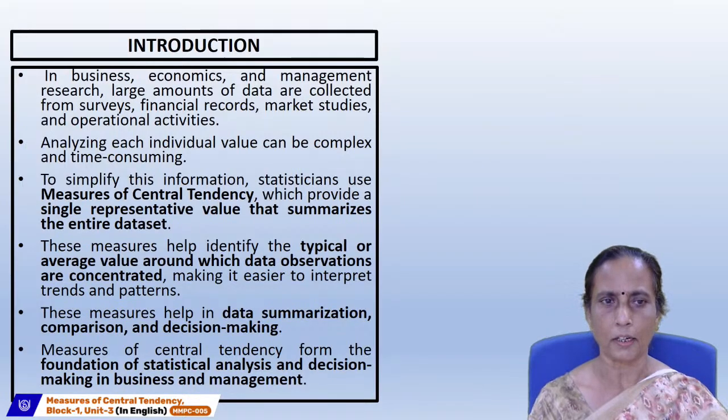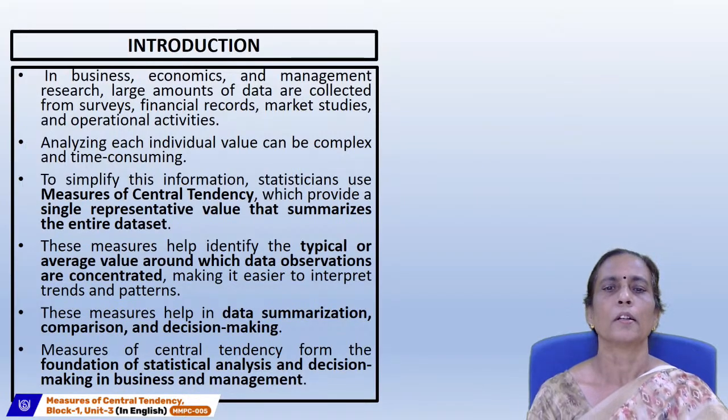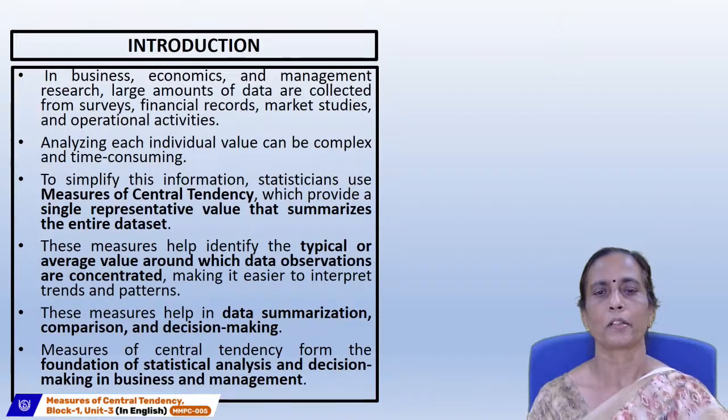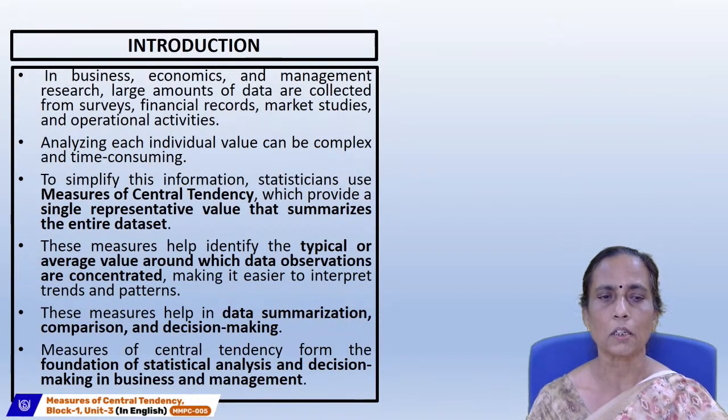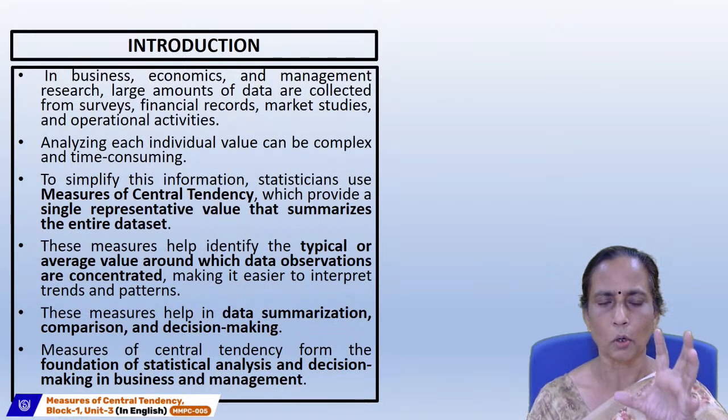To simplify that information, in statistics, statisticians use a measure called the measure of central tendency, by which a huge volume of data can be described using a single number.